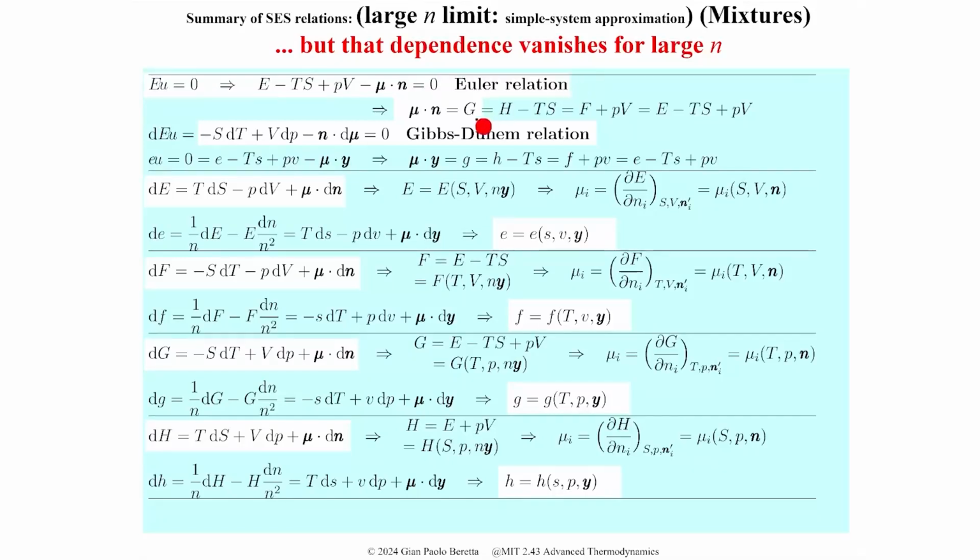And also, if you subtract the differential of the Euler relation from the Gibbs relation, which is the differential of the fundamental relation, you get this other relation between differentials that is called the Gibbs-Duhem relation, which we already used when we did, for example, the Gibbs phase rule.